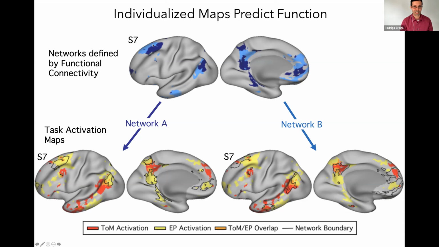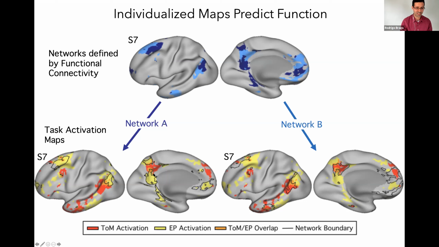Now I'm going to take the boundaries from network A, which is the dark blue in the top image, and show them in black here on the left. These black boundaries are from network A, and you can hopefully already see that there is a large amount of overlap with these yellow regions, which represent activation for the episodic task, so thinking of the future or the past. So network A seems to overlap with the yellow regions for the episodic projection task.